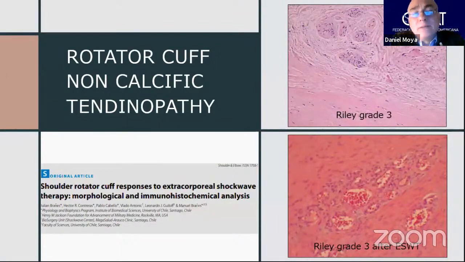What about non-calcific tendinopathy? As I said, we have not good clinical evidence in this case, but there is some experimental evidence that is interesting.